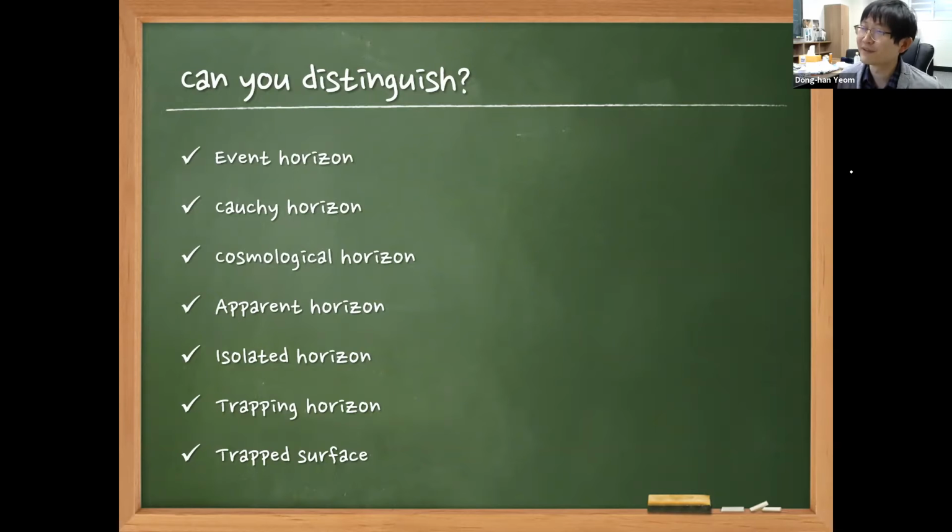Also in my previous paper we introduced some other notions. I forgot the name, maybe adiabatic horizon. We introduced some new notion of the horizon. So can you distinguish what is what?